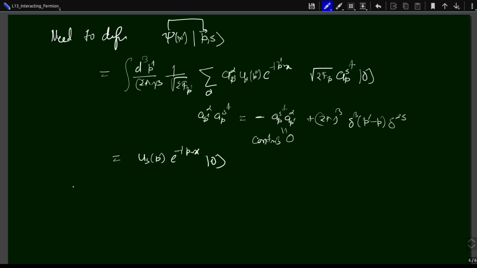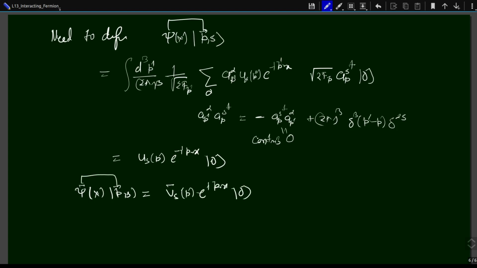Likewise, we can define that psi bar, if that acts onto the P S, that is just v bar S of p, exponential i p dot x, acting on the vacuum. Okay, so this contraction will mean that.